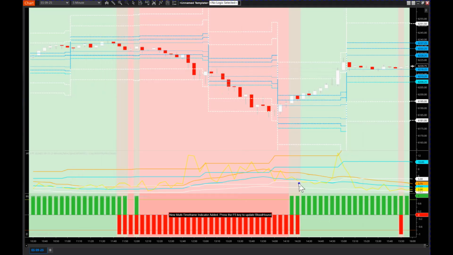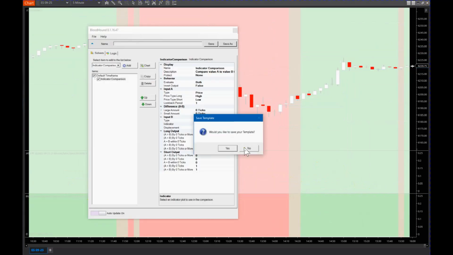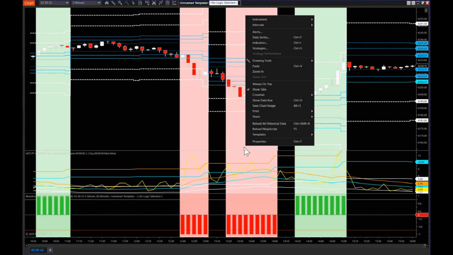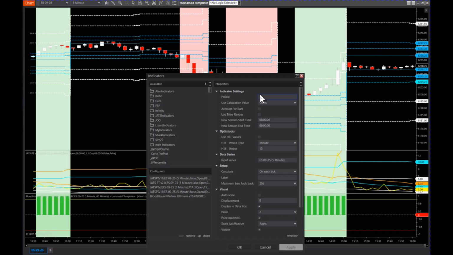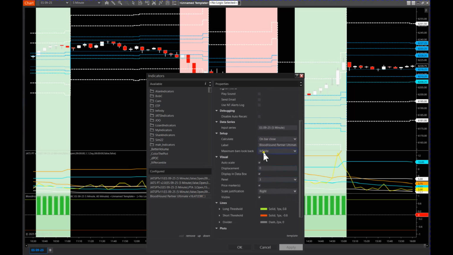So PT3 long and short right there. And I'm not sure what's wrong with my Bloodhound template.